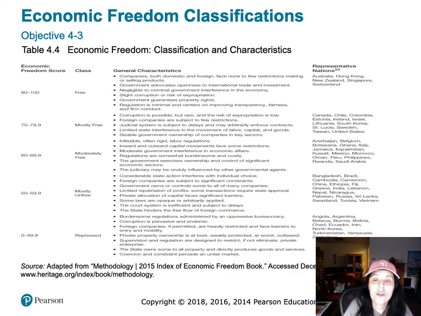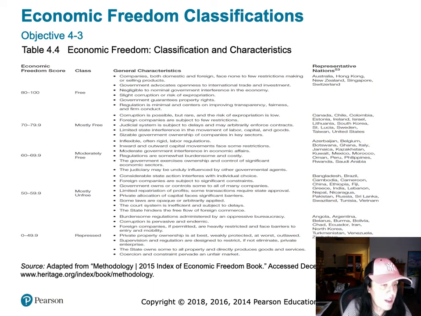Okay? So here is learning objective 3, which is all about explaining the idea of economic freedom. After we review the definitions listed here for economic freedom classification and characteristic, we will review the map in the next slide that shows the level of economic freedom. So think about these different levels developed by the Heritage Foundation.